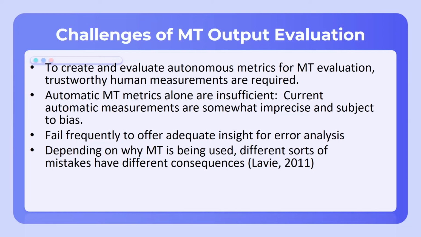Current automatic measurements are more or less imprecise and subject to bias. So they cannot offer adequate insight for error analysis. Also, different sorts of mistakes have different consequences depending on what kind of machine translation is being used and why it is being used.